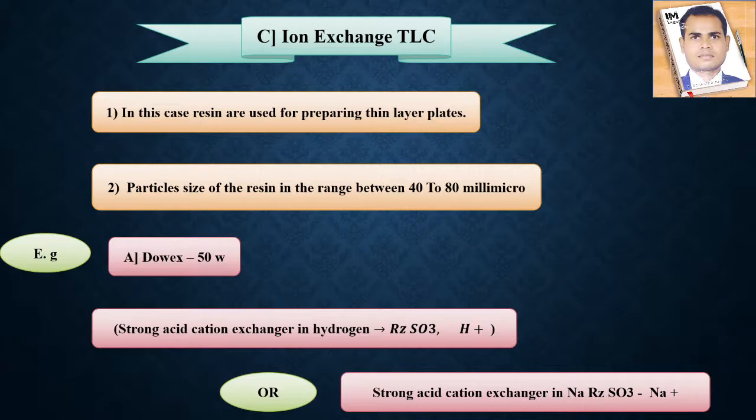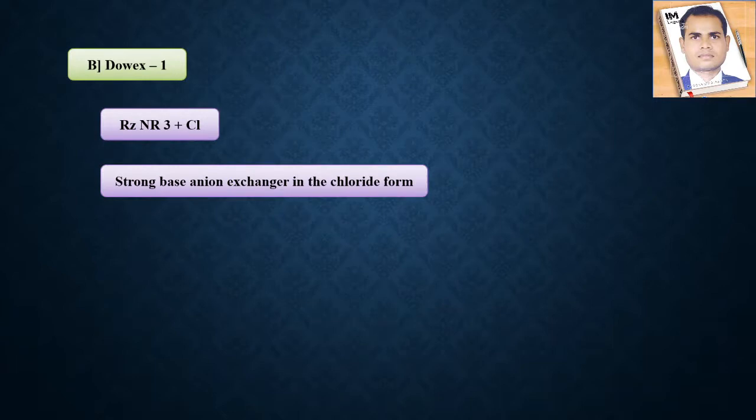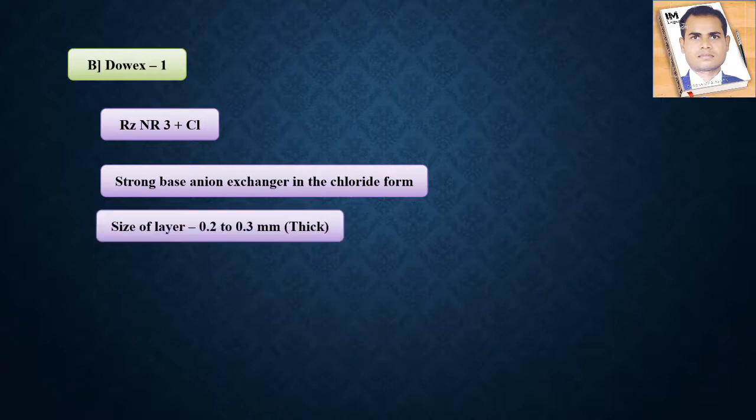This kind of resin we can use in ion exchange TLC. Next is Dowex 1. This we can also use in ion exchange TLC, RZNR3 plus Cl minus, the strong base anion exchanger in the chloride form, and the layer thickness should be 0.2 to 0.3 mm.